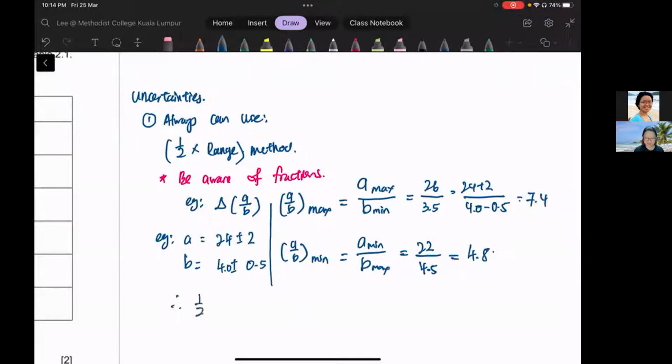Hence, half the range of A over B is equal to half bracket 7.4 minus 4.9. Do not round prematurely. 7.4 minus 4.9 divided by 2, 1.25, which is 1, because you write this in 1SF.